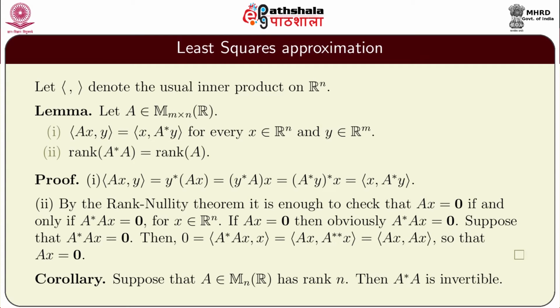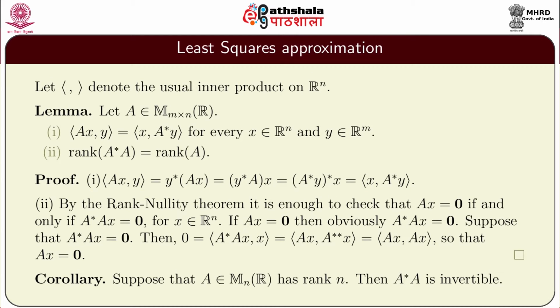And the second part says that rank of A star is the same as rank of A. Proof of part 1: inner product Ax comma y is the same as y star Ax, that is by the definition of the usual inner product, and that is (A star y) star x, and that is inner product x comma A star y.